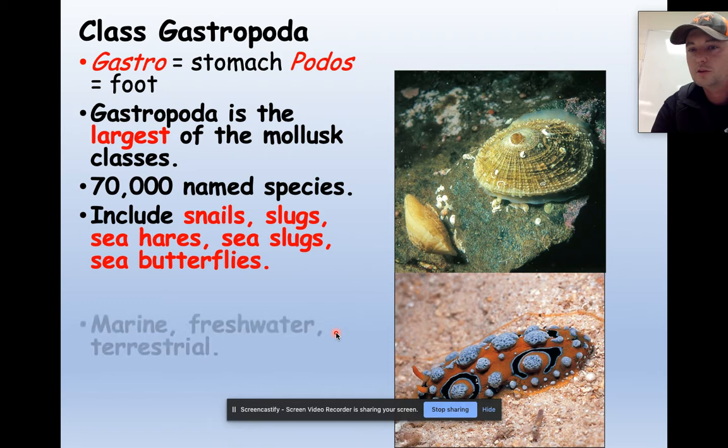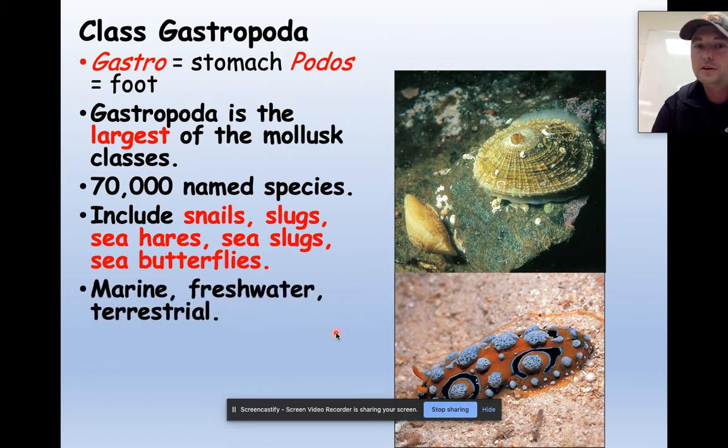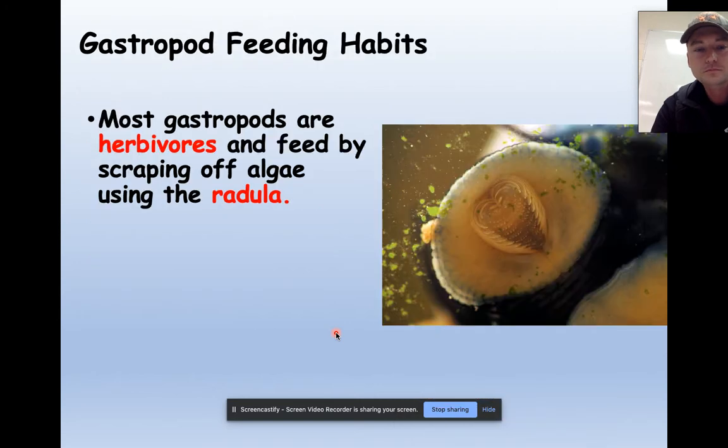Not only on land, but also in marine and freshwater environments, gastropods have been able to find specific niches, depending on what side of the pond you're on. Pretty interesting guys here.